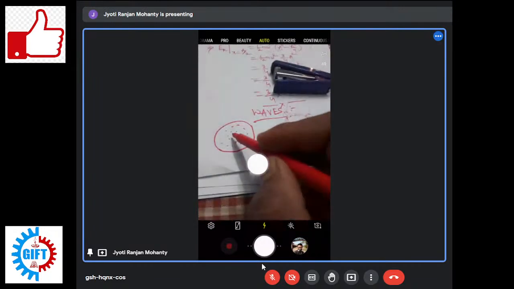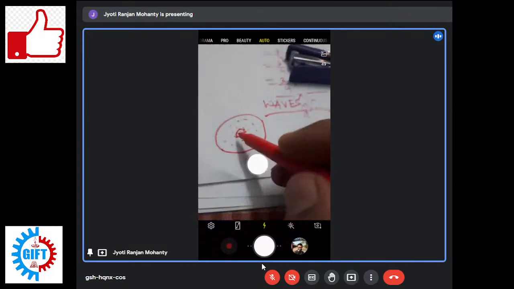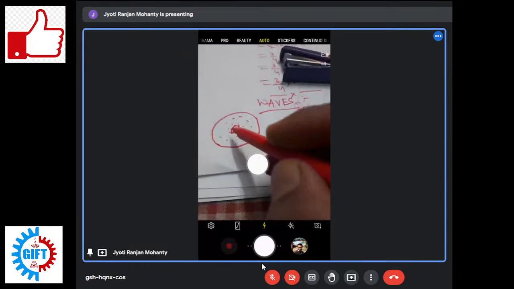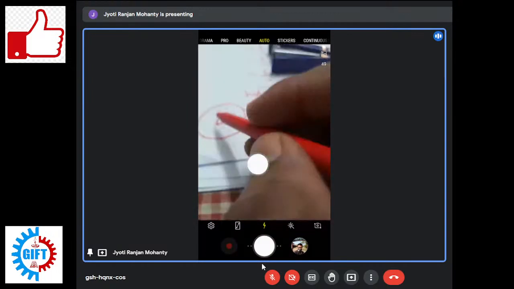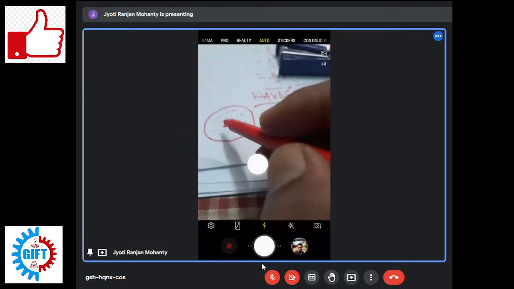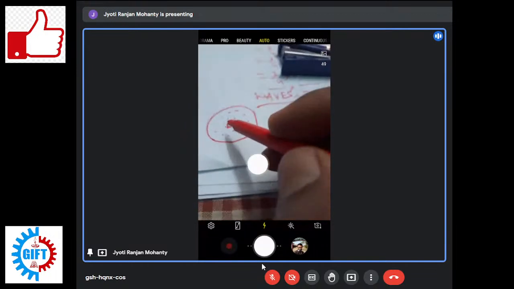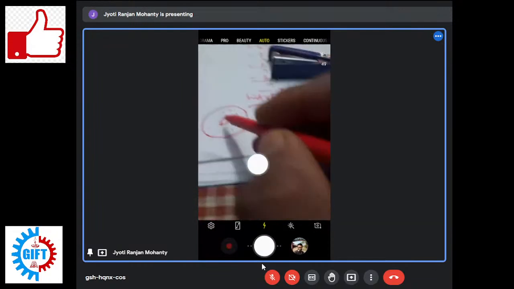When the stone, suppose this is the stone, comes in contact with some of the water particles, what will happen? The particles will be disturbed. The water particles are set into vibration, set into oscillation, and the neighboring particles too.